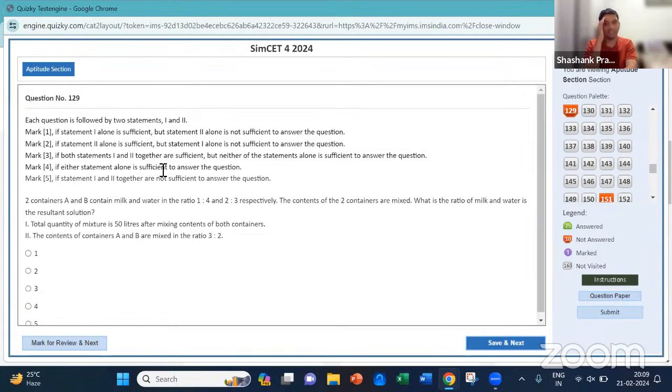So, concentration of milk in the first one is 1:5 or 20%. And here it is 2:5, 40%. So 20% and 40% combined gives 60%. No, sorry. They are mixing in 3:2. All right. Fair enough. I think 2 is sufficient purely because it is mixed in the ratio 3:2.